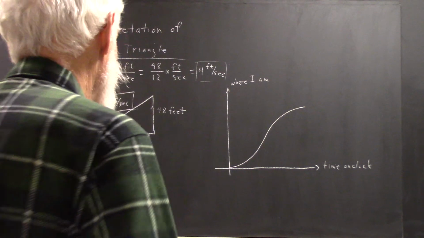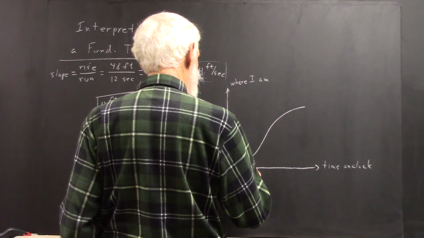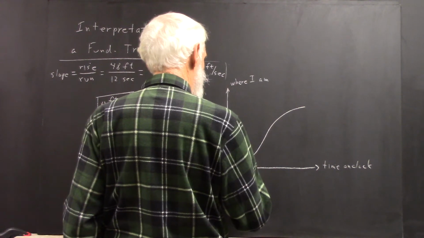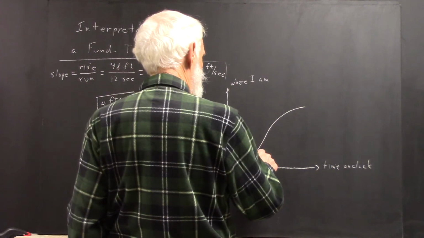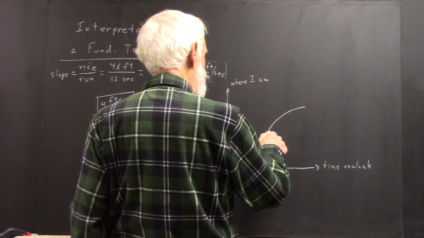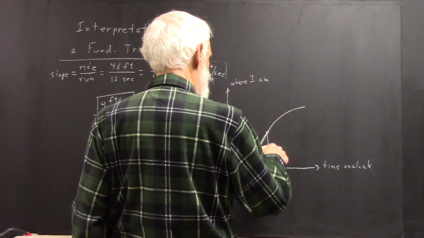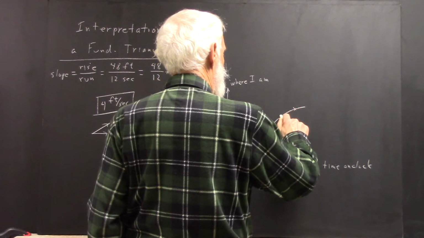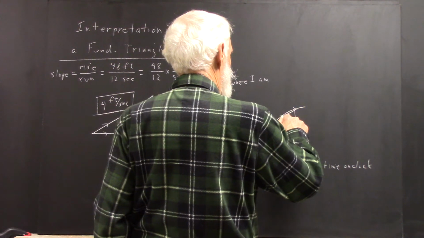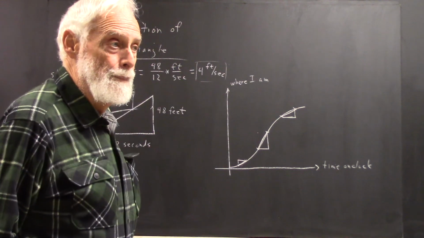Okay. Now if I do a fundamental triangle down here, of course, the slope's going to be under the triangle. That's okay. You can draw the triangle that way. I'm going to have 3 slopes, right?